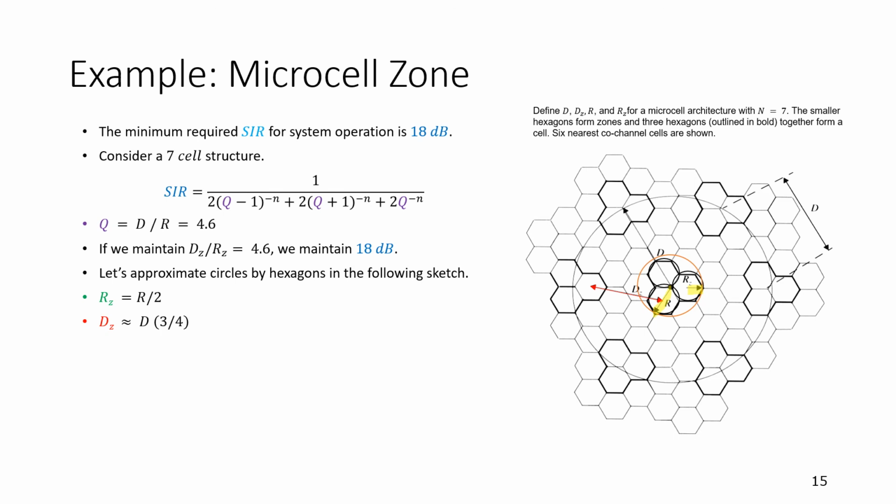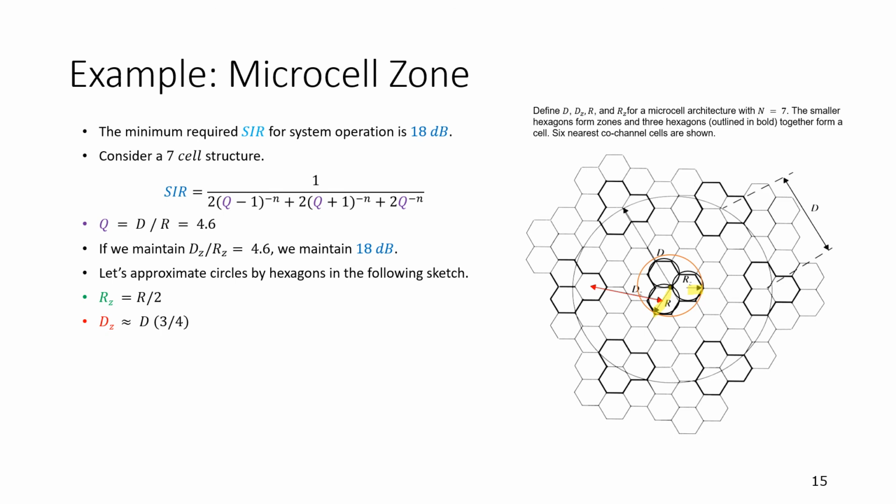Now D_Z, with a little bit of calculation, is the distance between the adjacent co-channels we're now comparing. Let me just highlight again with colors. This is the original D from here to here, and I would like to compare with this new D. So we can say that's going to be 4 over 3 with simple geometric approximation.